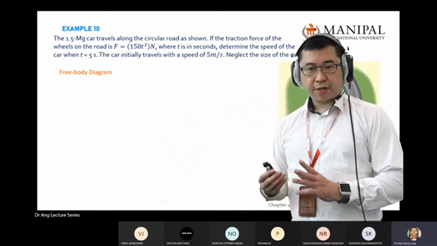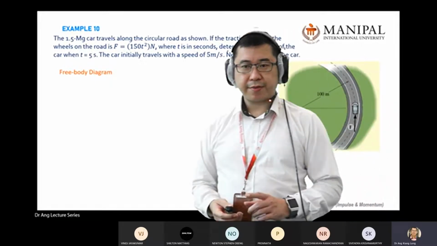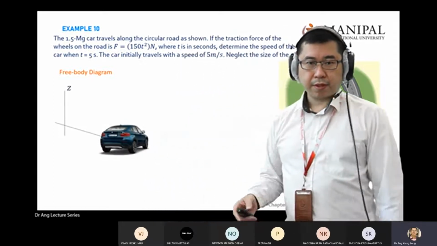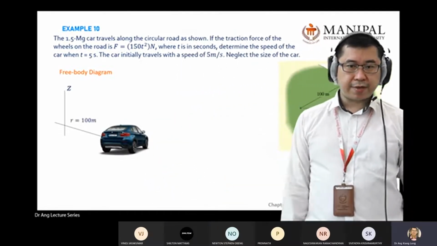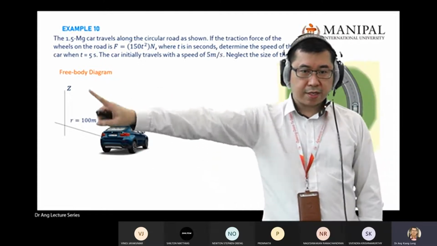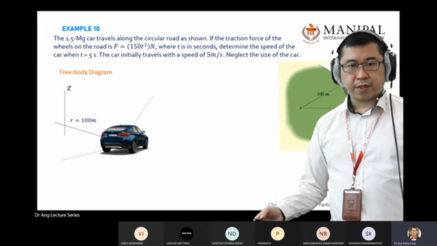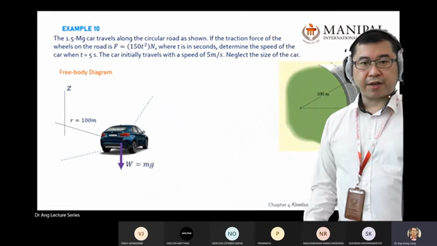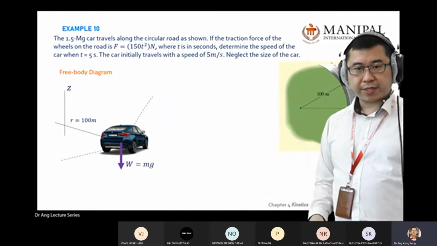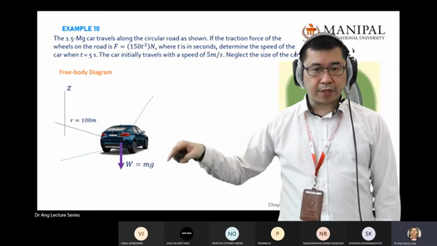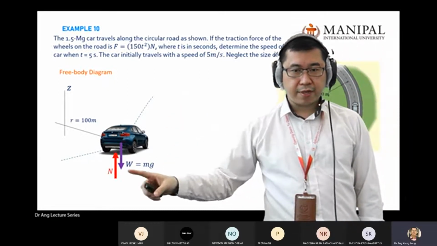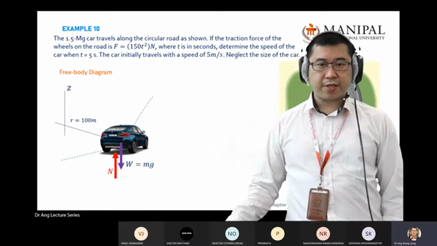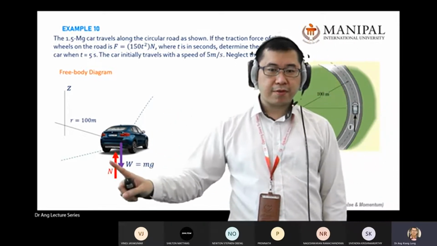Before you solve, draw a free body diagram of the car. Look at this one. You have x, y, z. You have a car, you have a z direction, you have a circular pathway, and you have a weight W pointing down. Every time your object has contact with a surface, there's a normal component there.